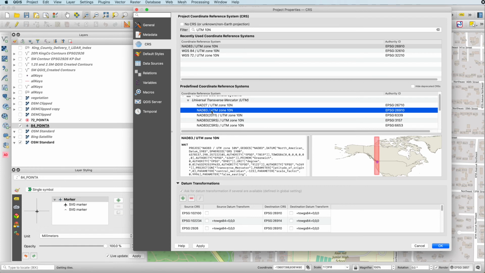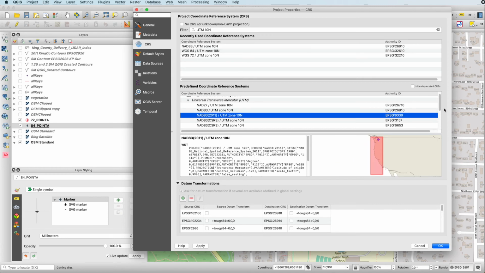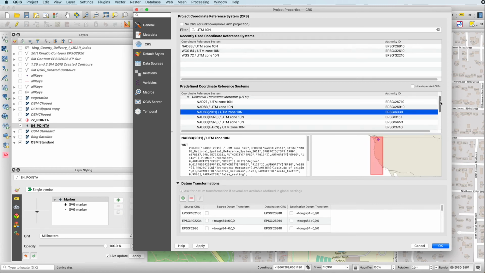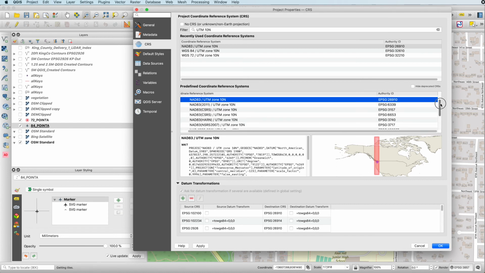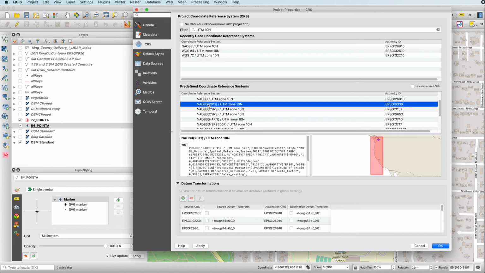A lot of the data I have accumulated is in this NAD 83. I do have some data that's in the NAD 83 HARN, but most of the data is in the NAD 83 already. And so most of my maps have been started in that format, and so I prefer to keep them all in that format going forward. I believe if I was to switch to a different format, I would use the NAD 83 2011, which is a slightly higher accurate and becoming more common of a data source in Washington at least.